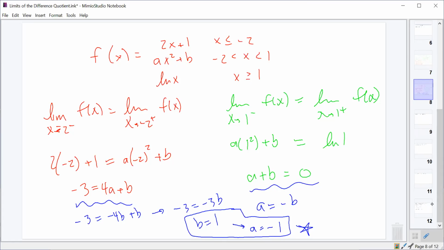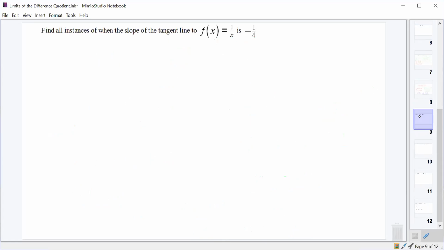All right, so let's get going with what we've been working on the last day or so. We're going to try and find all instances of when the slope of the tangent line to f of x equals 1 over x is equal to -1/4.